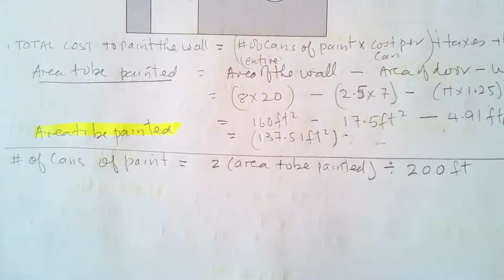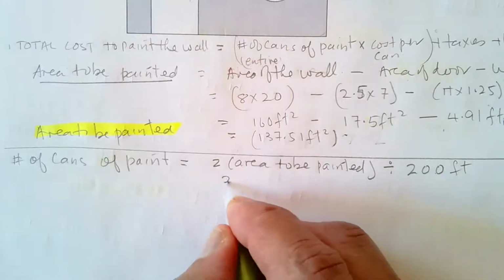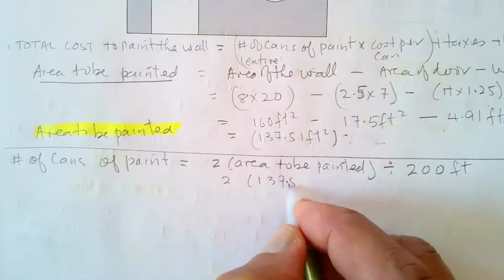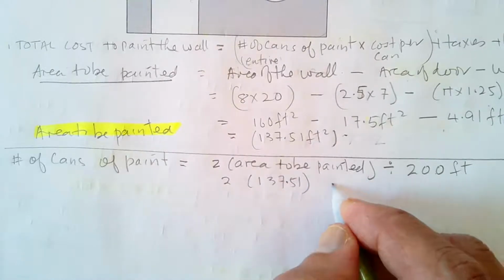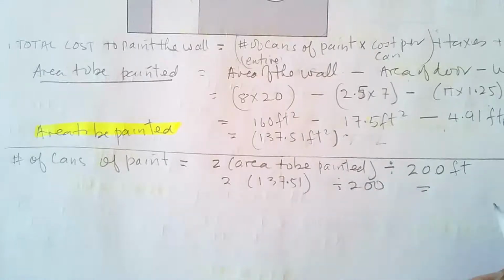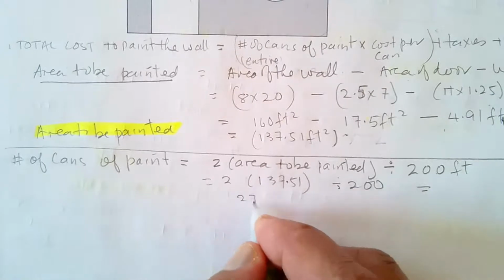They tell us each can of paint can cover 200 square feet. So this would be 2 times 137.51 divided by 200.